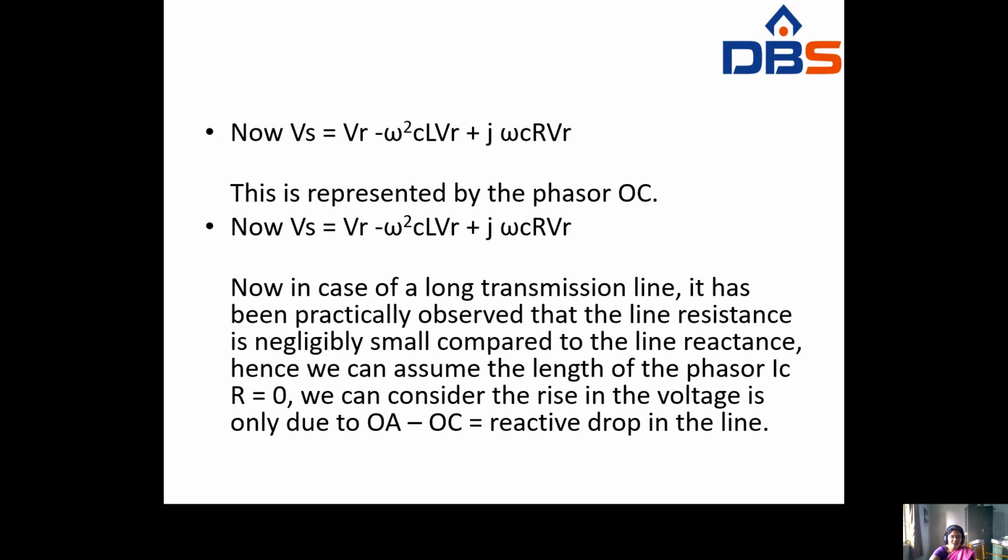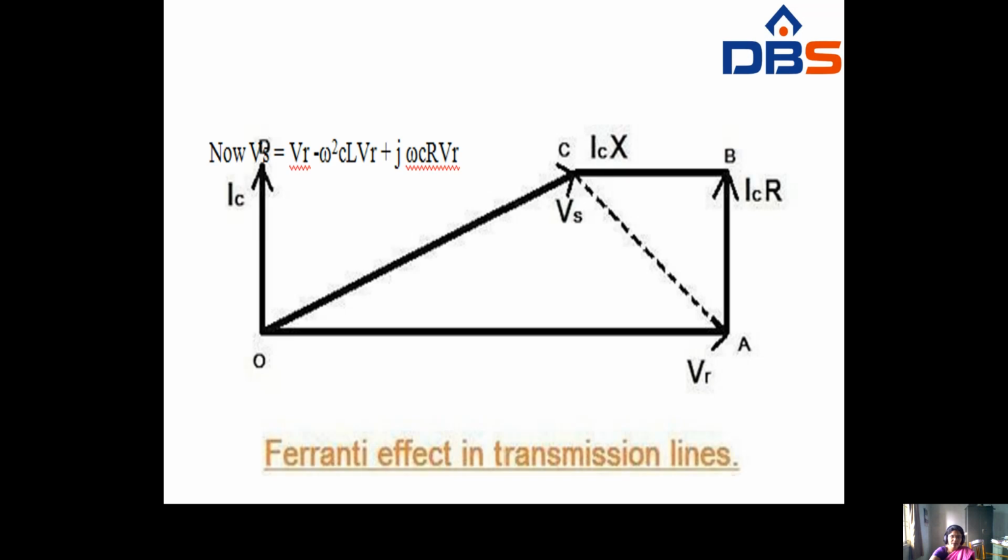You can consider the rise in the voltage only due to OA minus OC, that is equal to the reactive drop in the line. So this is only the reactive drop in the transmission line.